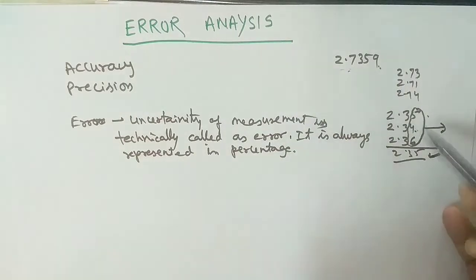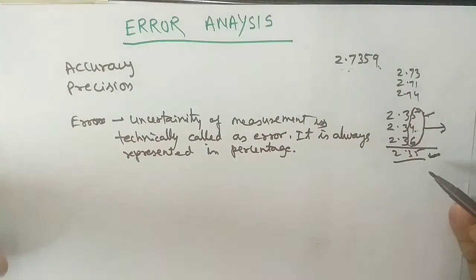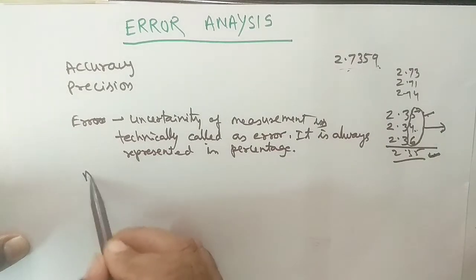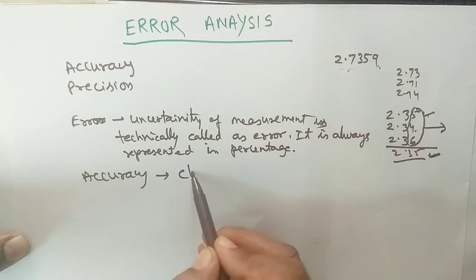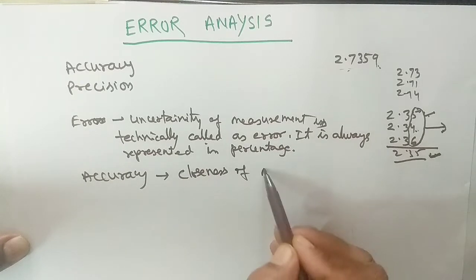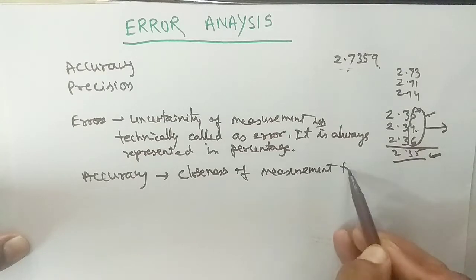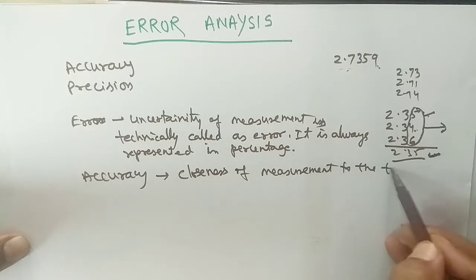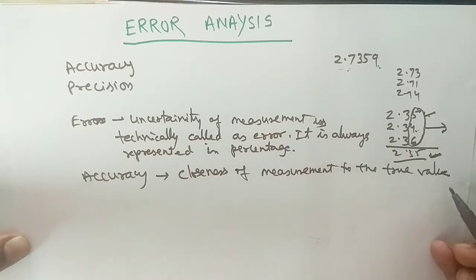How much your reading is close to the true value, that is known as the accuracy. So accuracy means closeness of measurement to the true value.